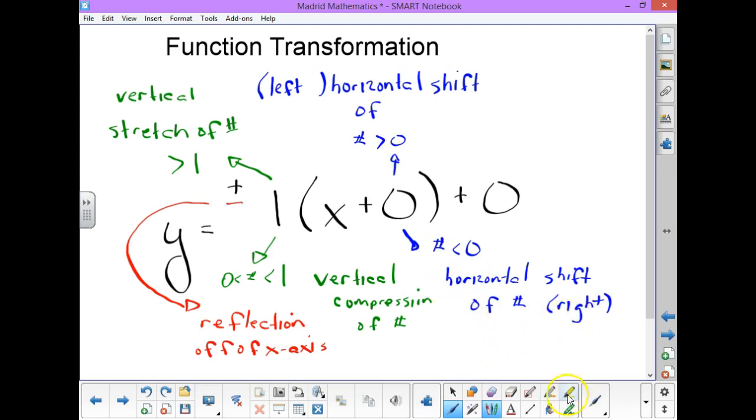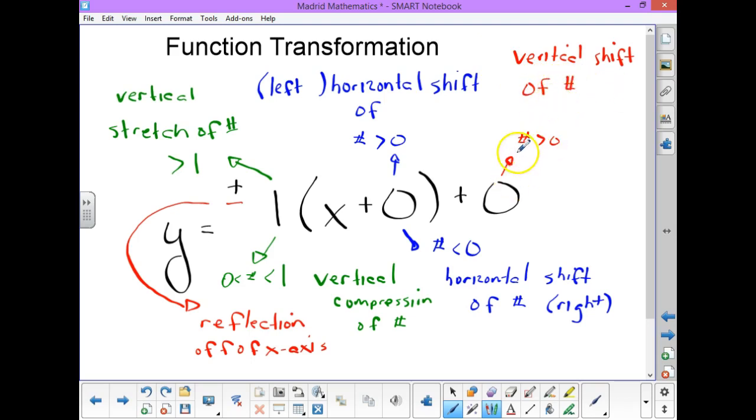And lastly, this one is a lot more familiar to you guys. If this number is bigger than 0, this would be a vertical shift of that number.